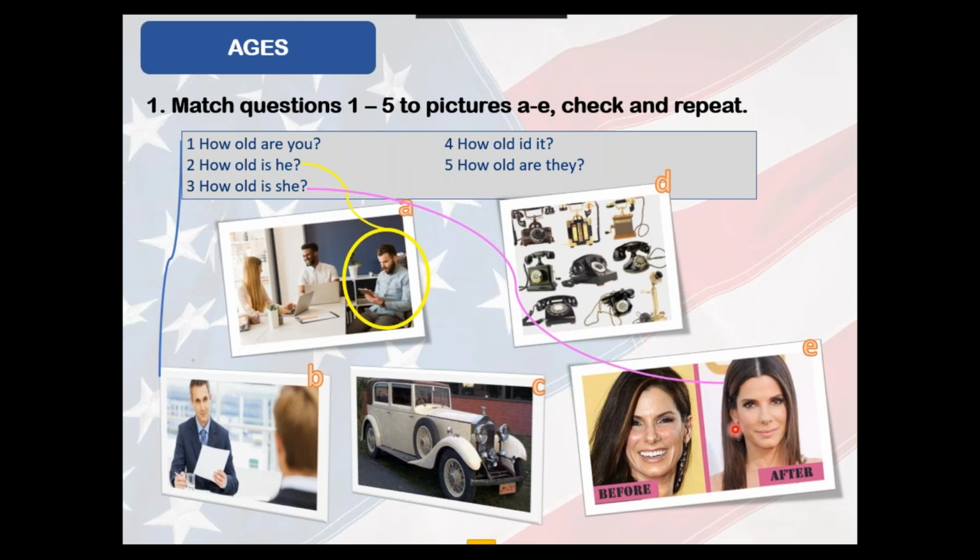Number 4, how old is it? How old is it? Remember, it is one object. One, only one. For example, a car. Yes, only one. And finally, we have a lot of telephones, right? How old are they? Yes, how old are they? Next.